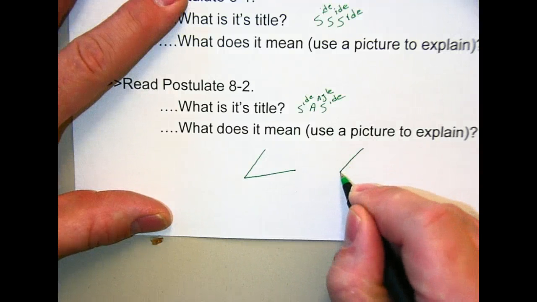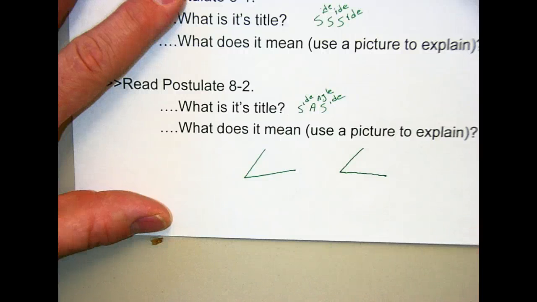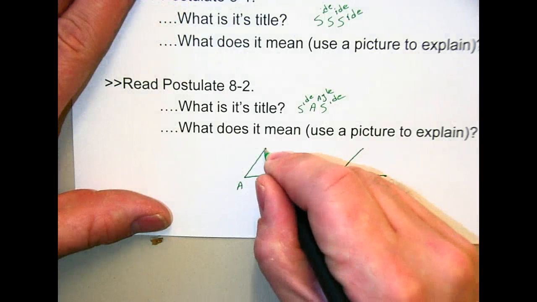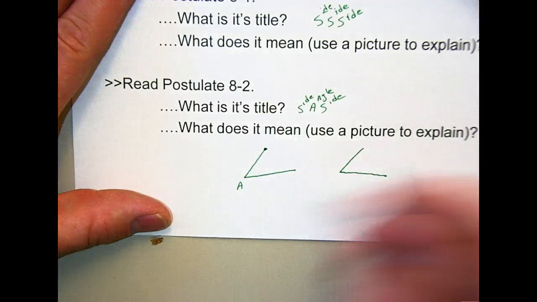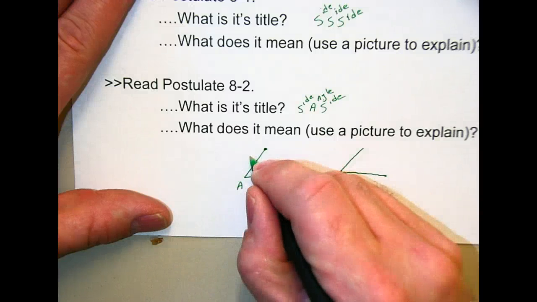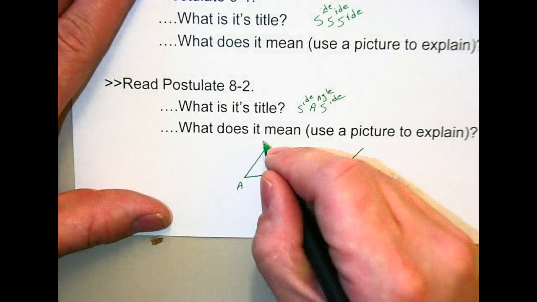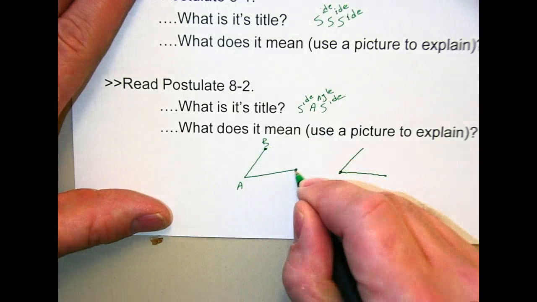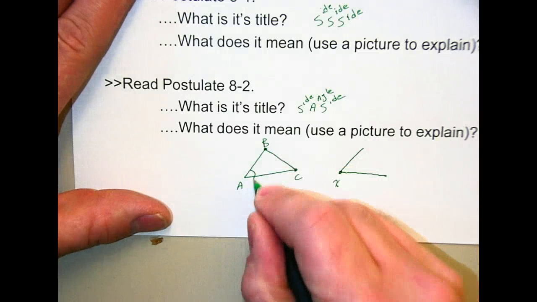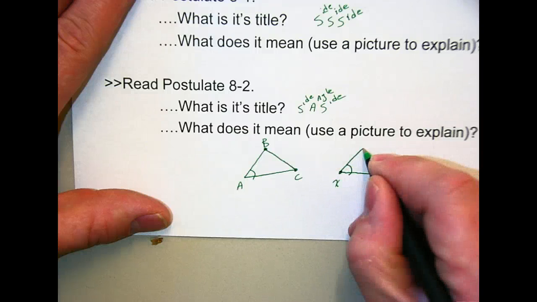So for instance, kind of like that. Okay? Now I call this one A, that's angle A, that's angle X. Let's call this B, and we call this C. Okay? So there we've got ABC. We know that this angle is congruent to that angle with X, Y, Z.